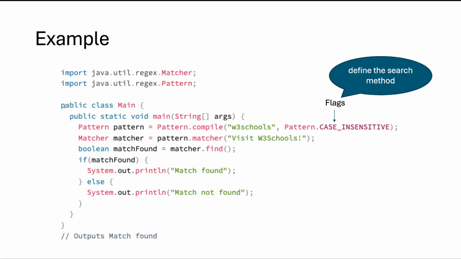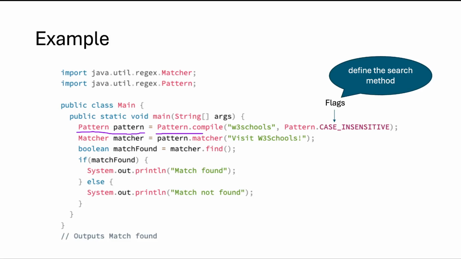So we have a public class with the public static void main function, where we first define the pattern.